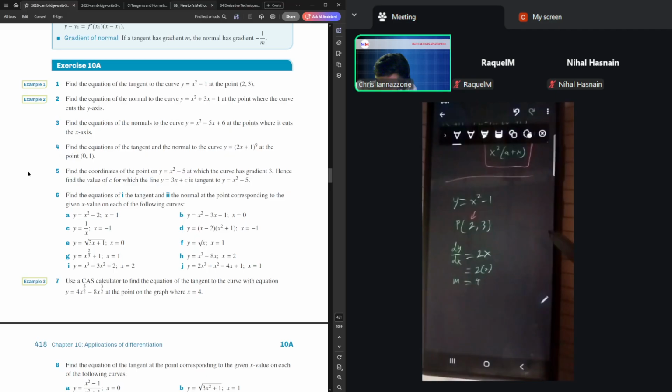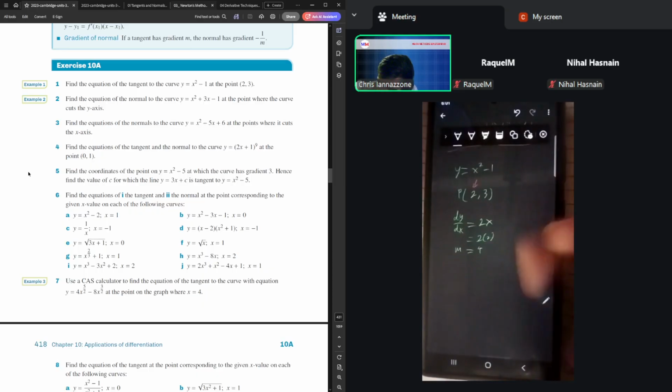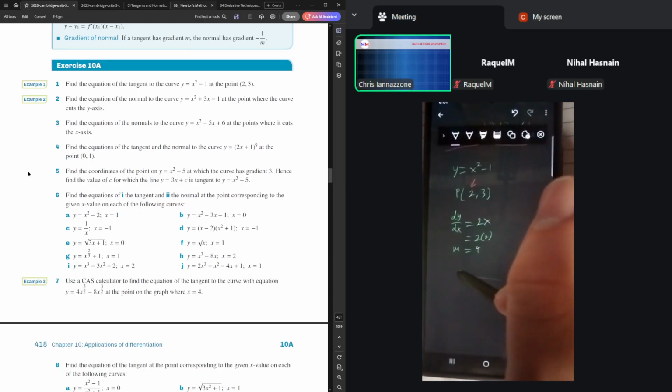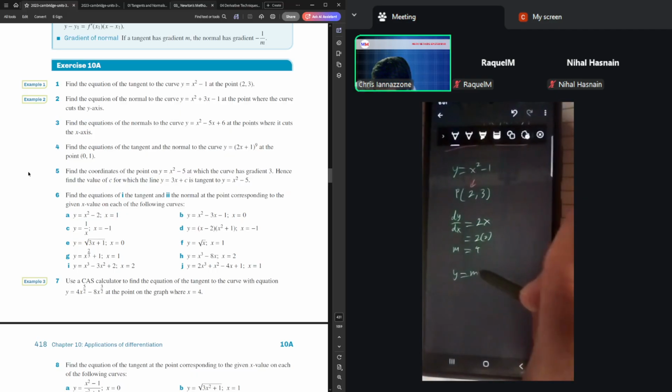So m, the gradient, is going to be 4. We have our gradient and our point. We can now do our linear, thus getting the tangent line. So let's use y equals mx plus c, why not?